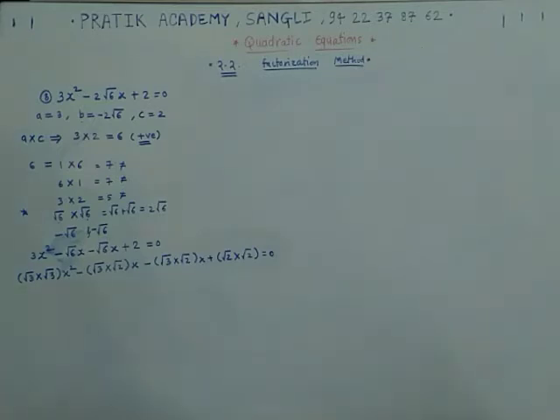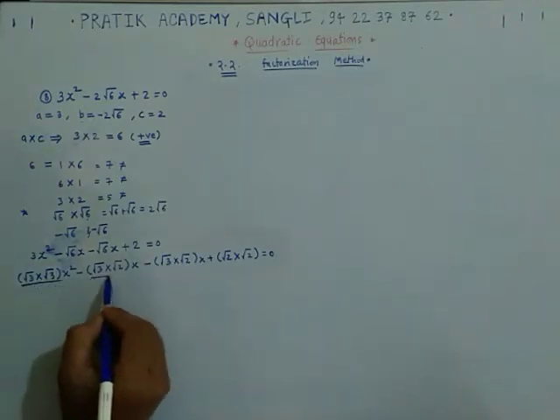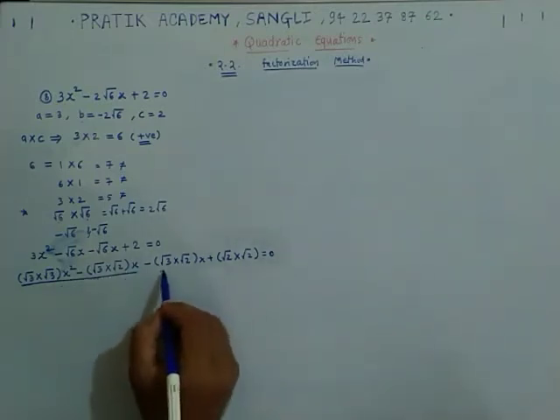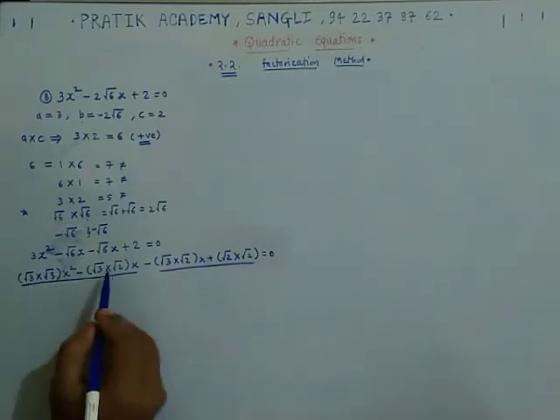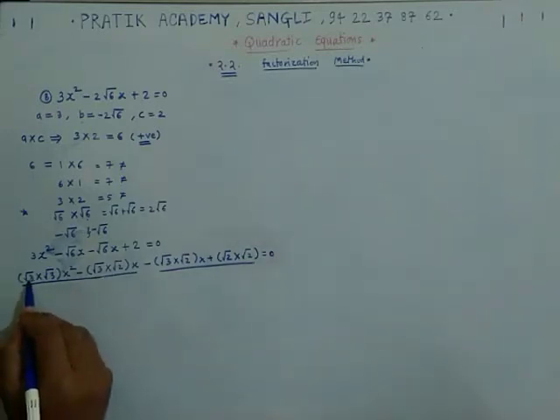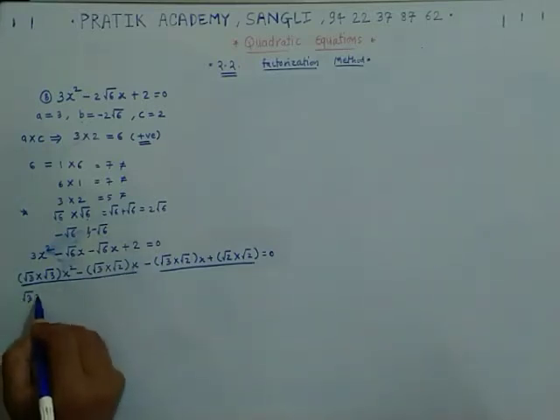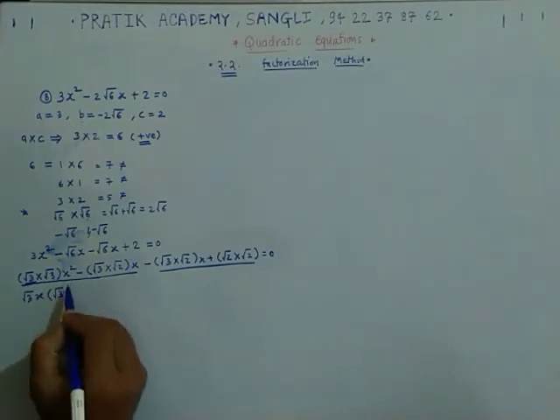Okay, now let's take these first two terms and then the last two terms. In these two terms, what is common? Root 3. Then x square and x, so I will take x common. What is remaining? Root 3 is taken common, remaining is root 3x.